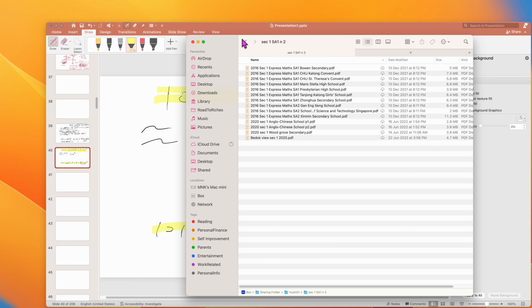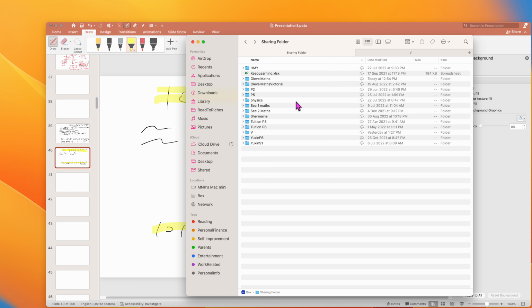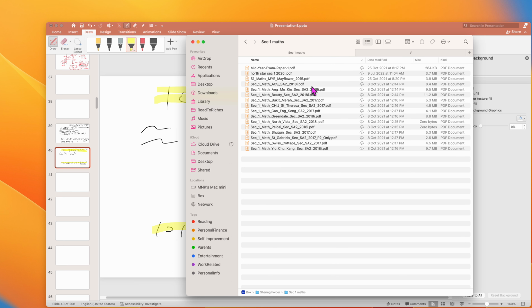It's very funny. I don't know where I get the paper from already. Oh, set 1 math. Oh, okay, yeah. Can you see Woodland? Wow, I don't know where I get the paper from. That's the funny thing.